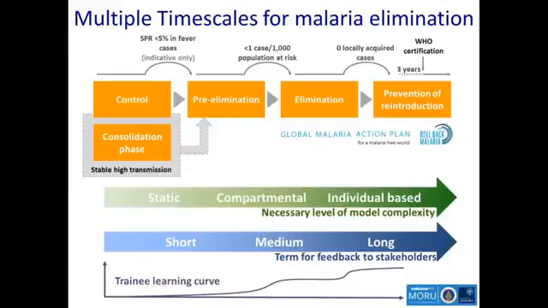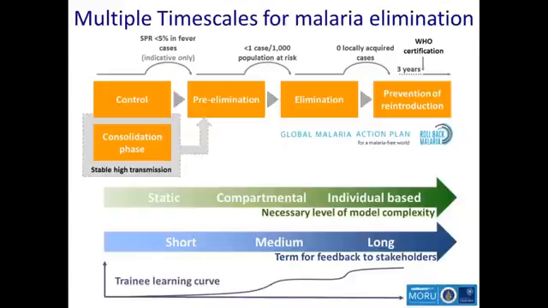So there's the control phase, where that huge pool of asymptomatic malaria cases is not reduced. What countries are doing in the control phase is finding and treating all the clinical malaria cases. But since they represent such a small proportion of all cases, transmission isn't really impacted all that much.